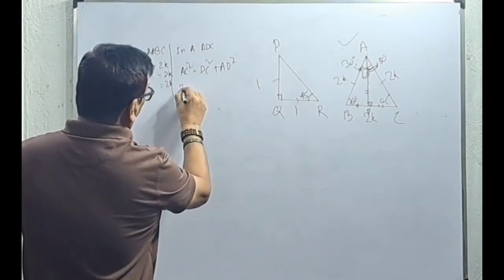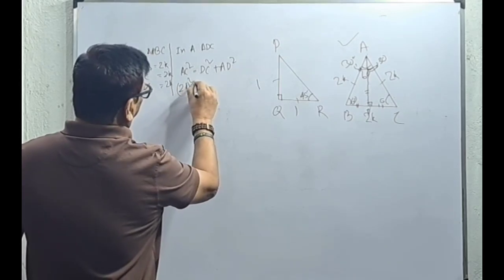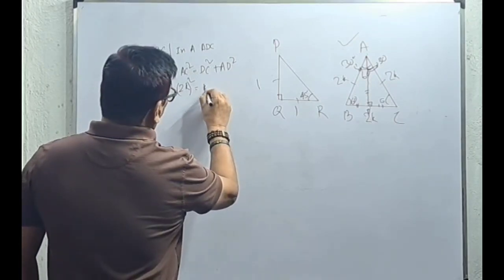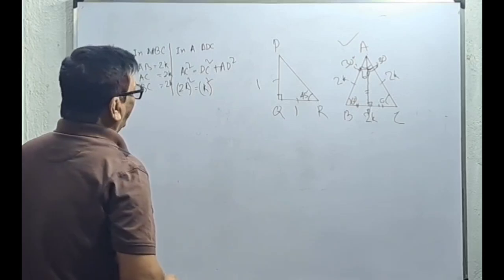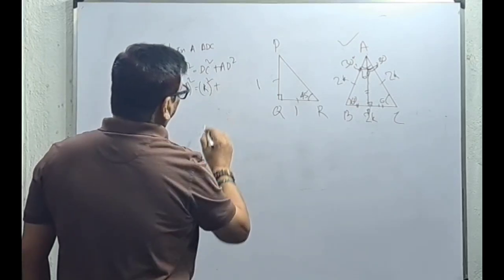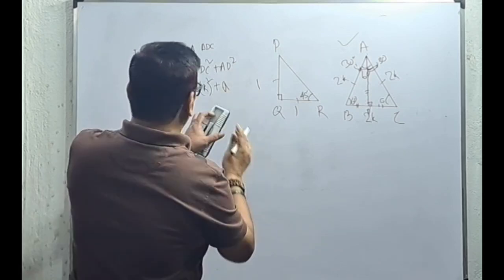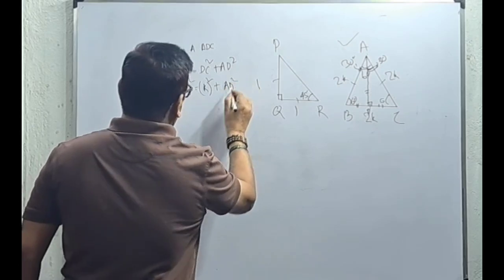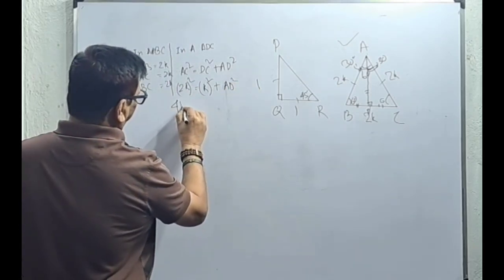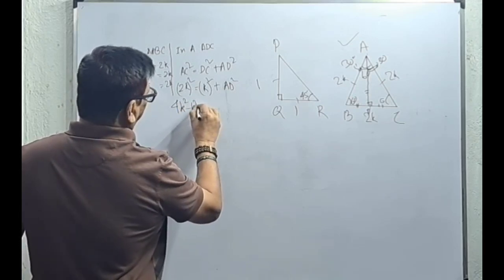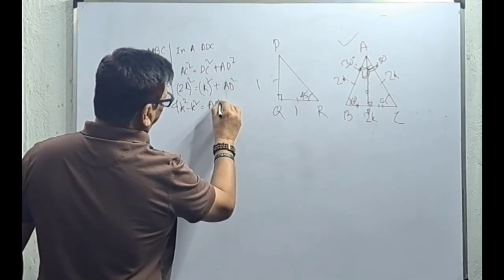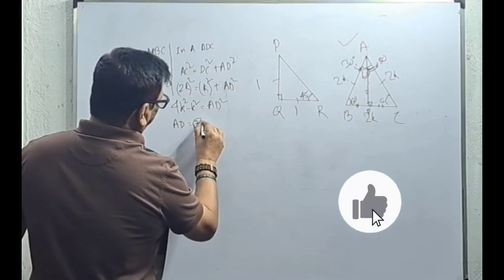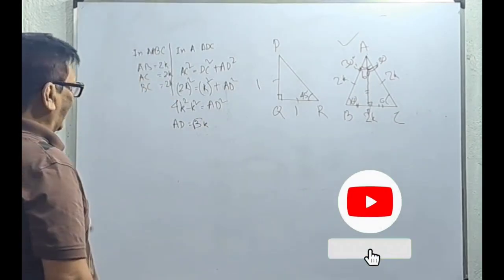So AC is 2K whole square. DC is K whole square. And AD is unknown, AD square. So we get 4K square minus K square is equal to AD square, right? So you get AD is equal to root 3K, correct?